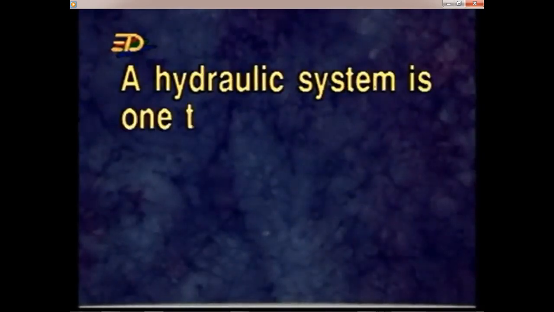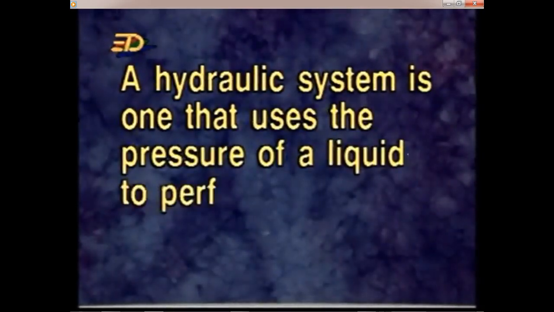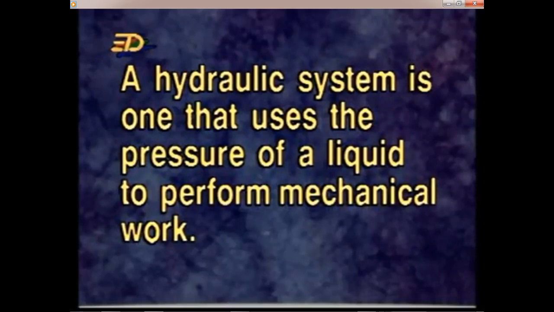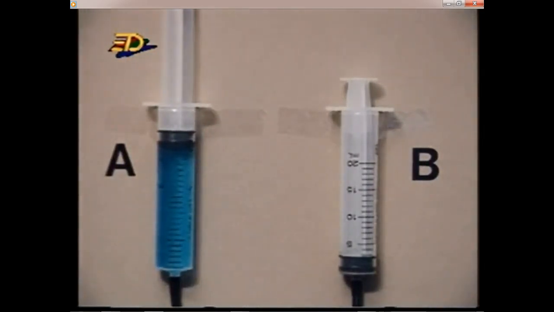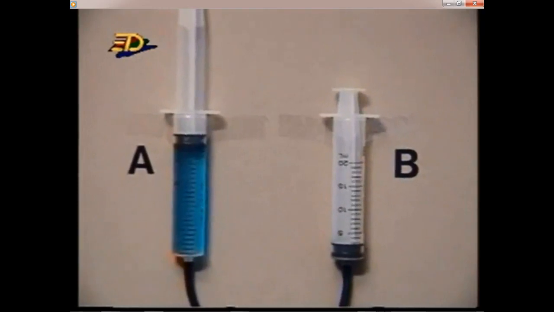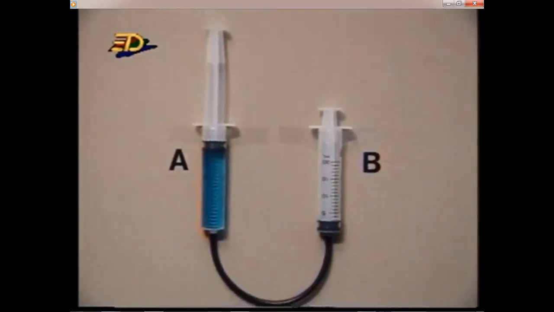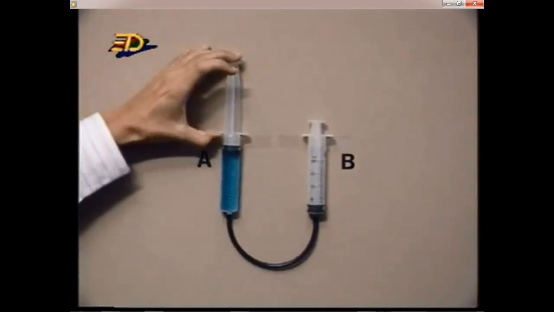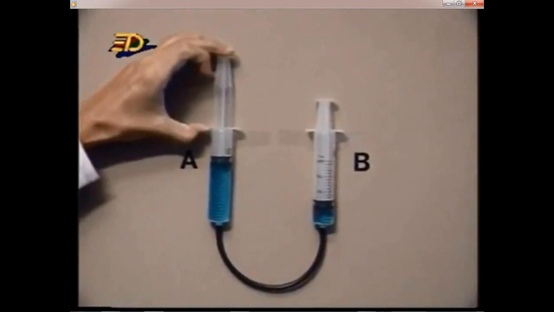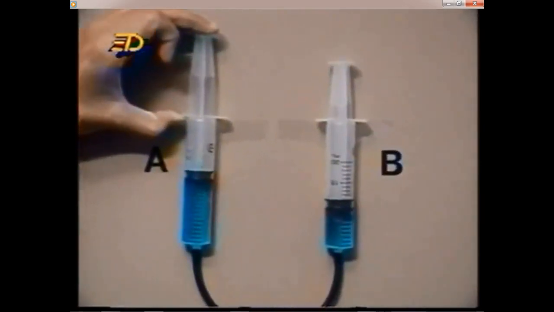A hydraulic system is one that uses the pressure of the liquid to perform mechanical work. Let's look at this device. Two syringes, A and B, of equal size, are connected by rubber tubing. If pressure is exerted at syringe A, the same pressure will be transmitted over to syringe B.